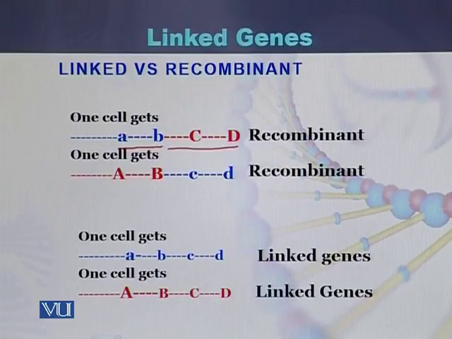Same is here. But what will be the linked genes? If the same sequence comes in the offspring or in the daughter cells, then we will say that the genes are linked. If they exchange parts, then this is recombinant, and if they do not change parts, then they are called linked genes.